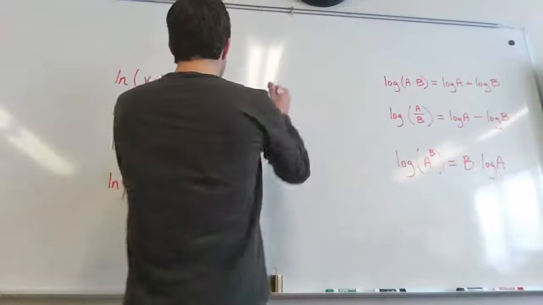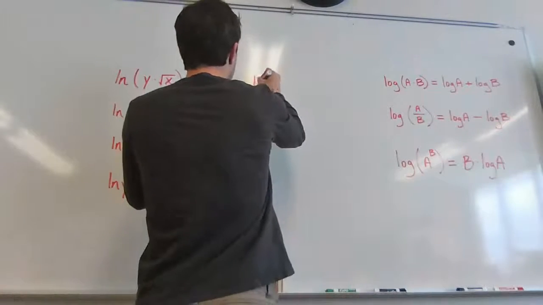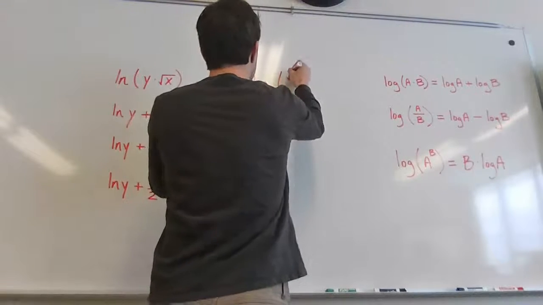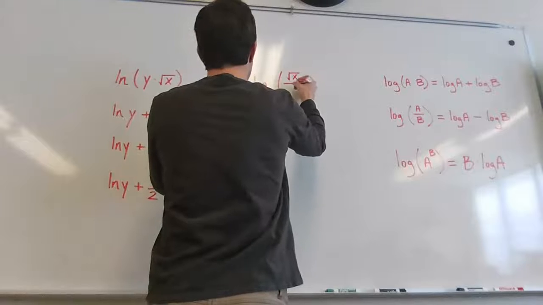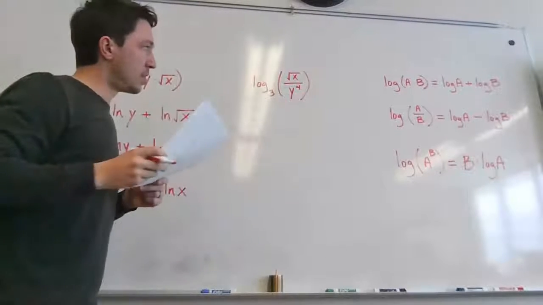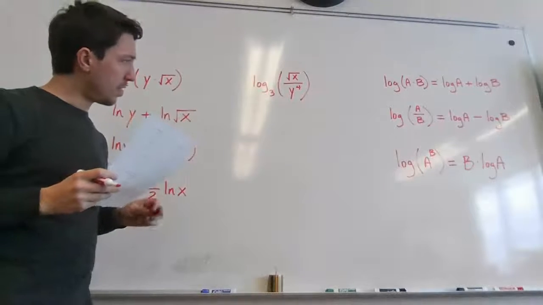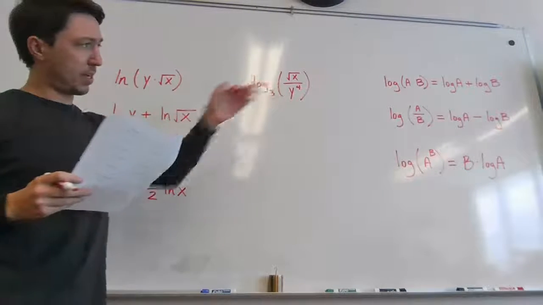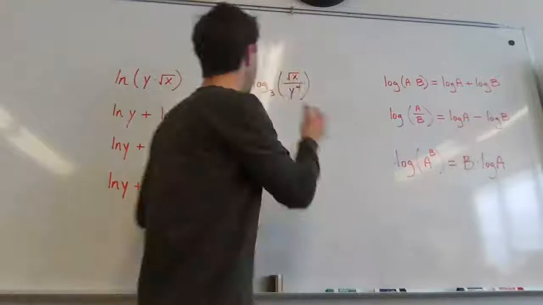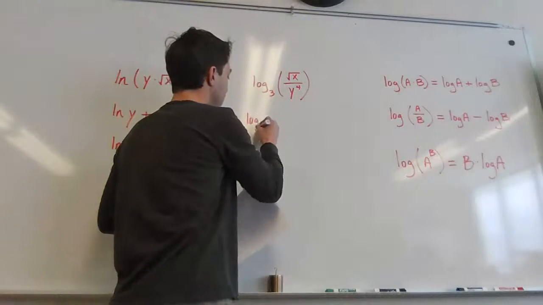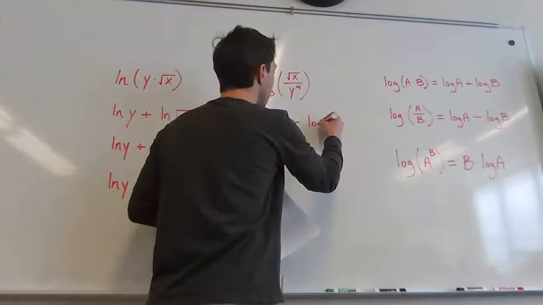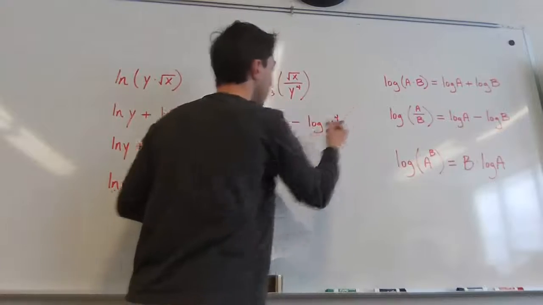So for example, on C, you've got log base 3 of a thing divided by a thing. So first step would be which property? Division turns into subtraction. So it would be log base 3 of root x minus log of y to the 4th.